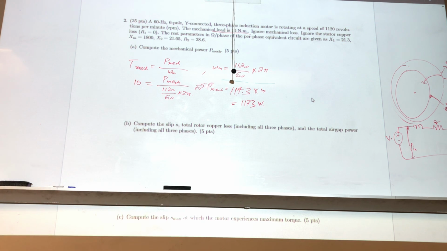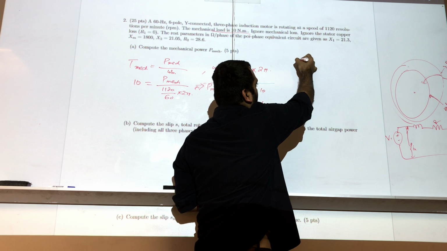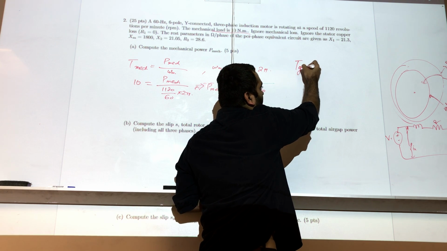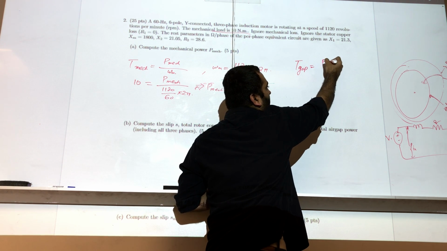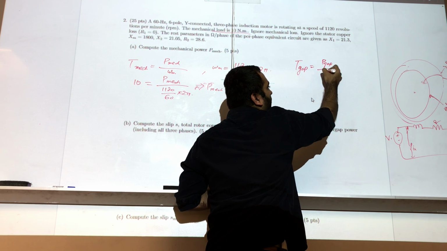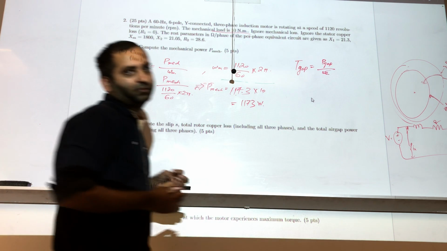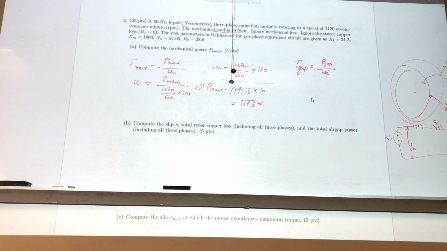The 1120 in the formula must be the NR. I'll write the other formula here. So T equals P gap over omega. What is the 1120, NR or NS?